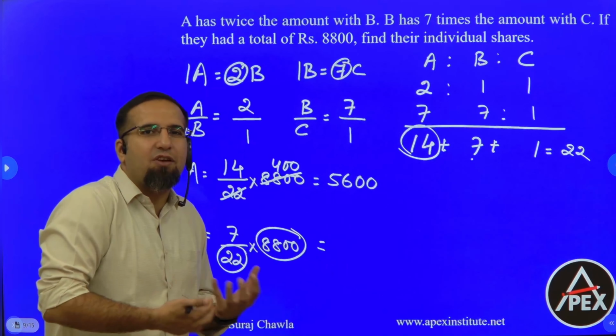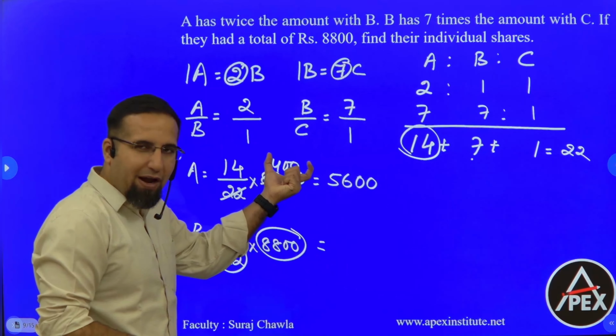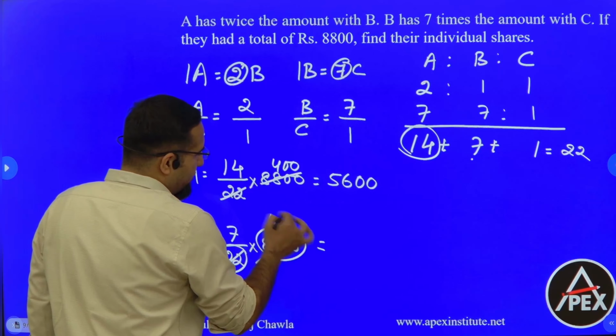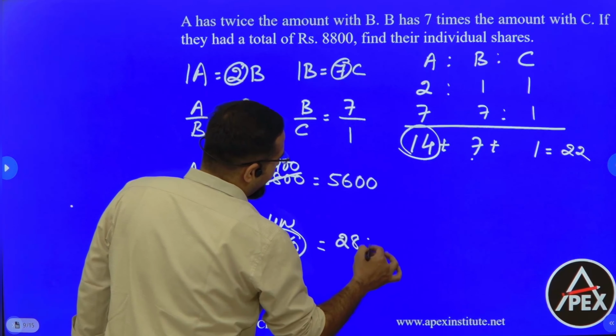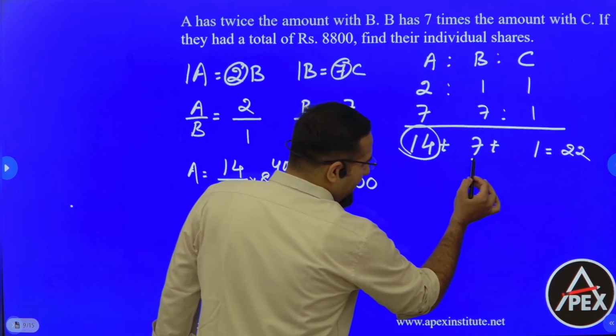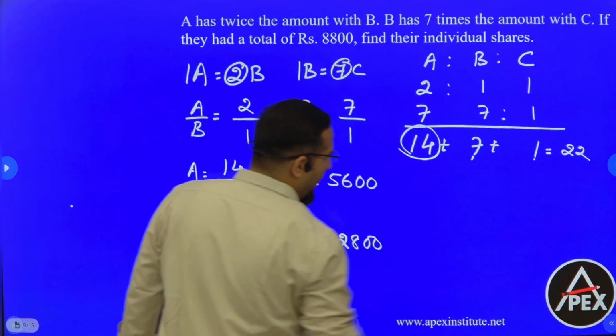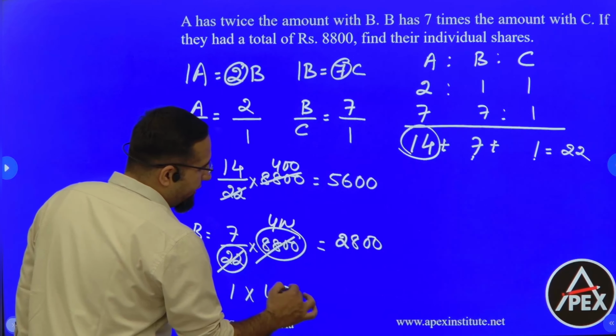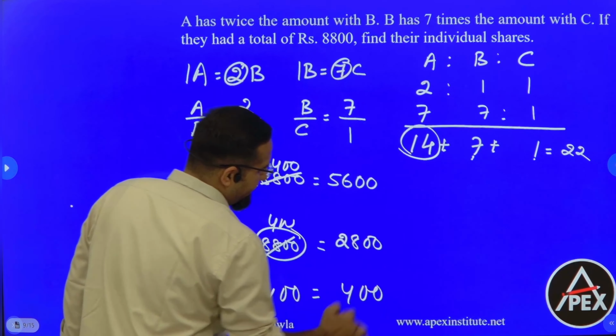So, let us not waste our time to write them. The multiplying factor is 400. So, we can directly multiply. So, 7 into 400 is 2,800. Similarly, I will pick up 1. The value of C becomes 1 into 400, which becomes 400.